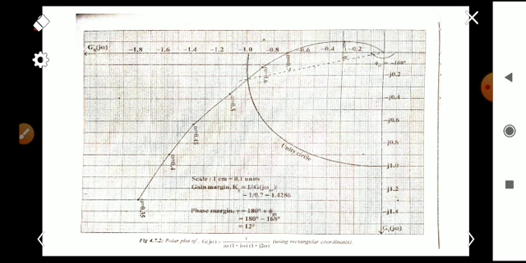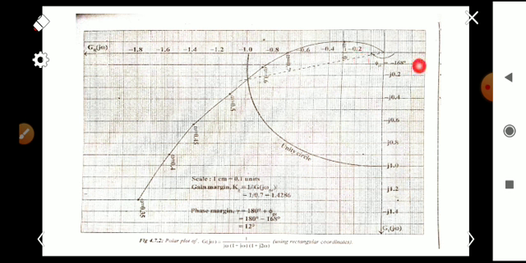We have to draw a line from the origin which passes through the meeting point of the polar plot with the unity circle. So this is the line. After that, we have to measure the angle from the positive real axis to the line we have drawn, in the clockwise direction.